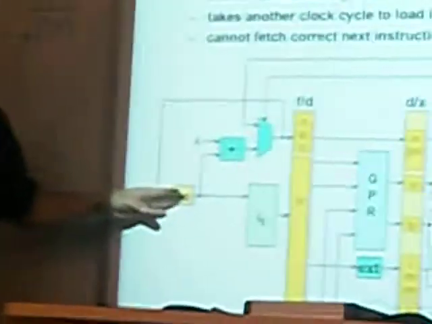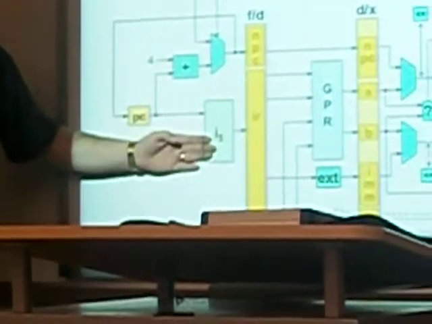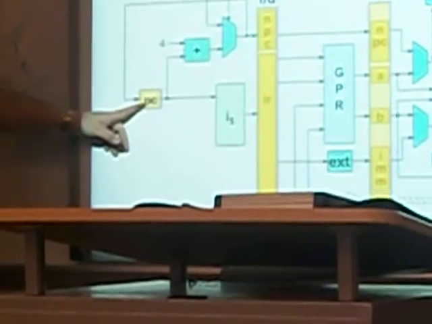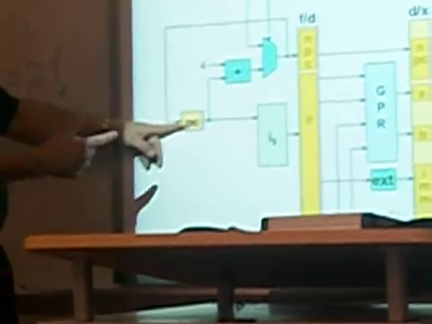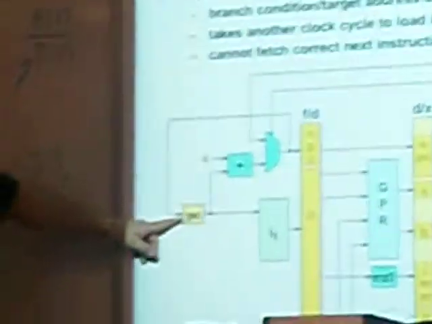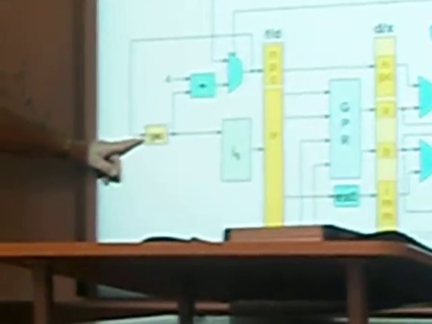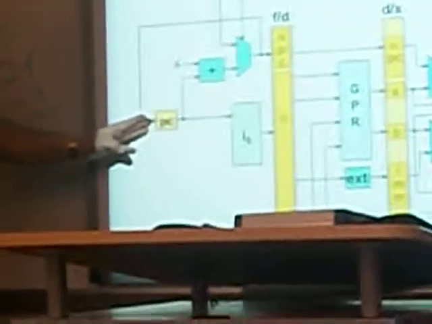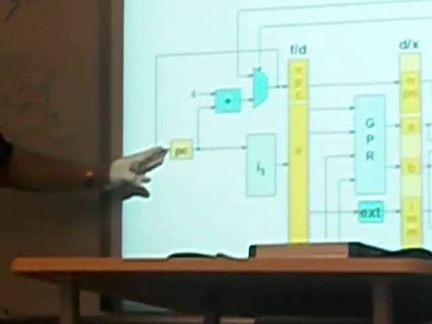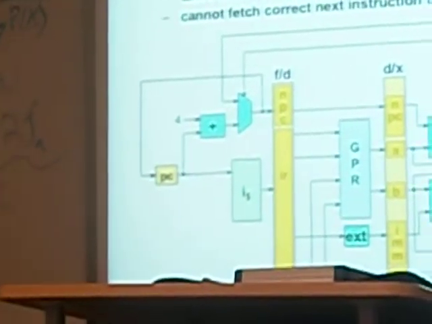So I take all of this, update the program counter, then on the next clock cycle, I can fetch. Why can't I do it at the beginning? Because I don't know what the branch target address is. Whether it's going to be BTA or NPC, I don't know yet, because I haven't updated PC yet. All right? Good.